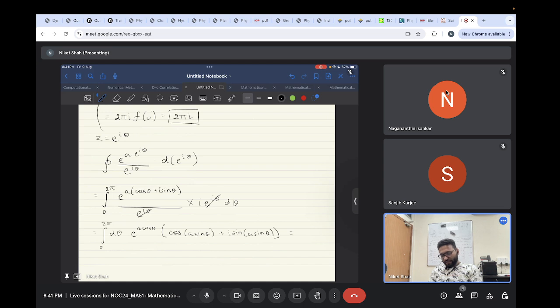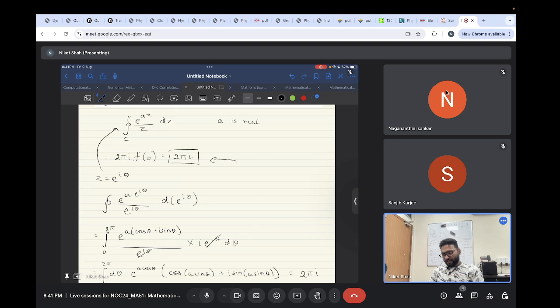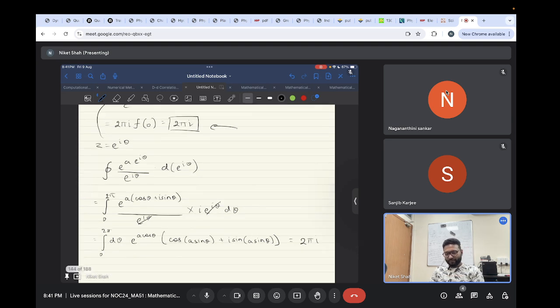And I know that the value of this integral has to come out to be 2 pi I. I know this already because we solved the integral here, and this integral should yield 2 pi I. Now, this is a purely real integral. Oh wait, we missed an I here. There's an I outside.